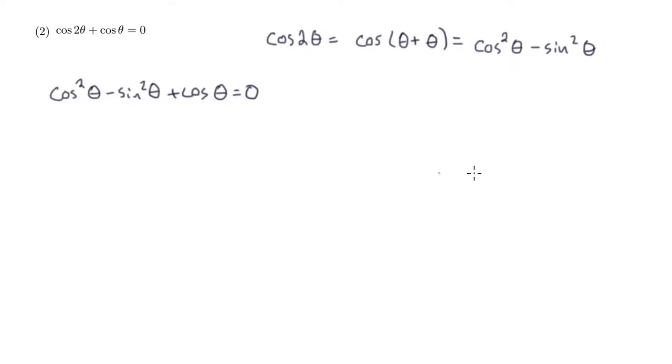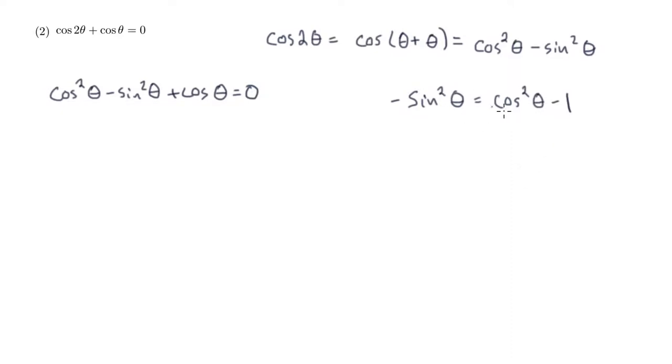But I can go a step further. I can write negative sine squared theta as follows: cosine squared theta minus 1.